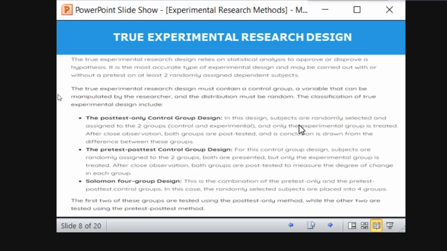And when the experimental group is treated, after close observation, both the groups are post-tested and a conclusion is drawn from the difference between these groups. Here the difference is samples are randomly selected. I have selected 3 students based on a lottery method, and one group I am teaching the subject, one group I am not teaching the subject. Then I test their performance in the exam.